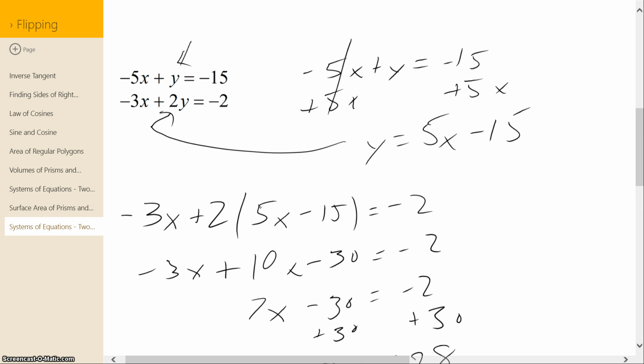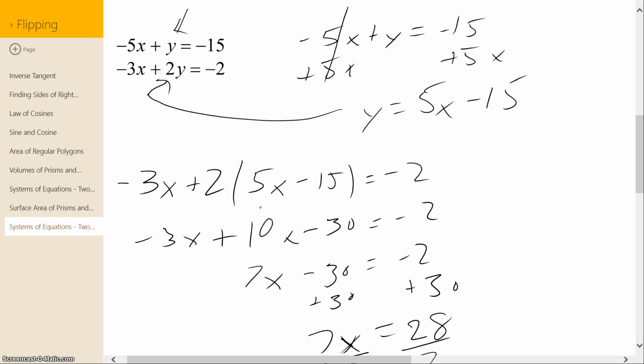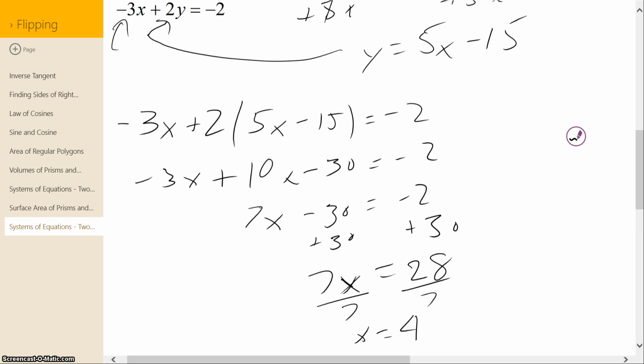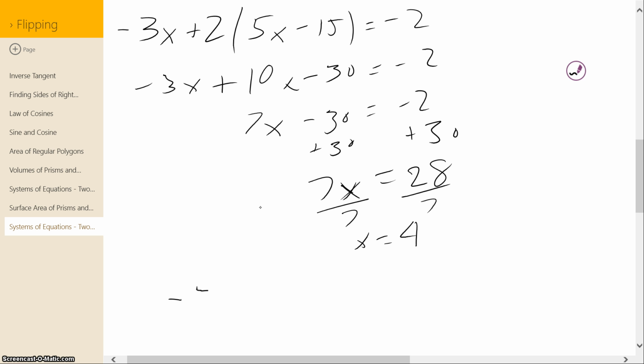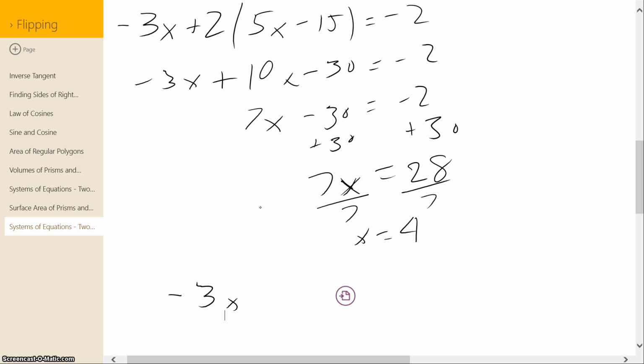Go back up here to one of the other equations. My second equation looks a little bit lower in value, so it's going to be easier to work with the arithmetic. It's negative 3x plus 2y equals negative 2.